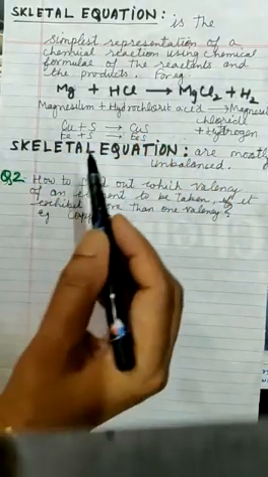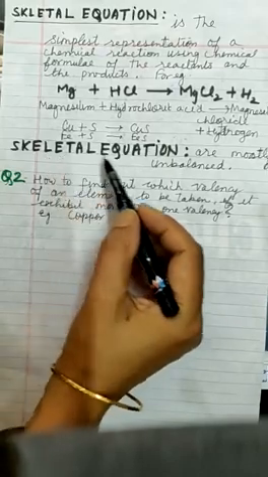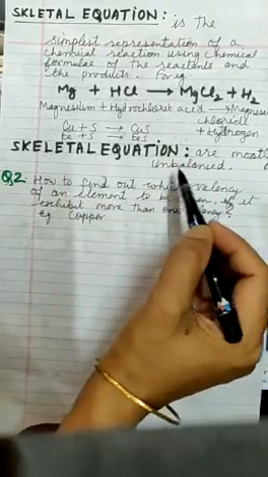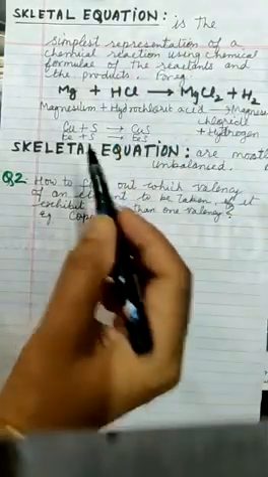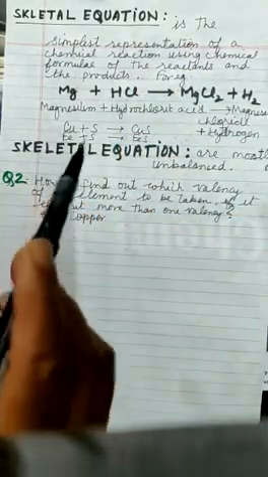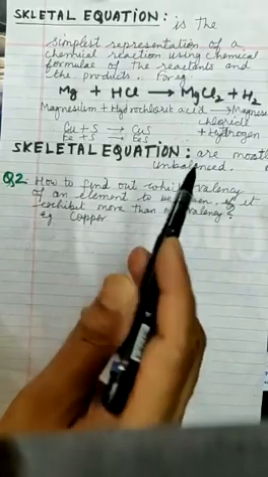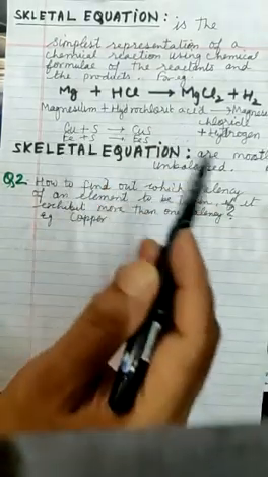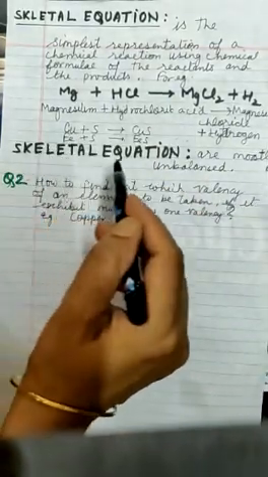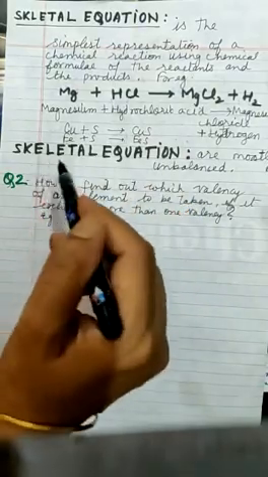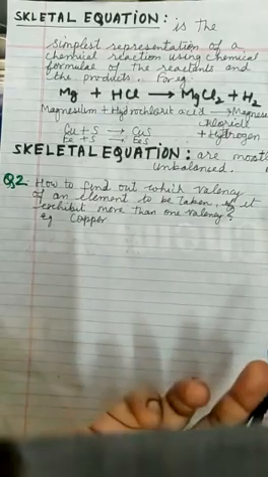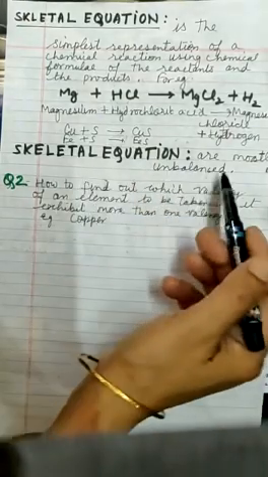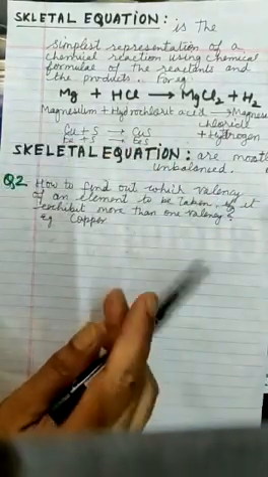Now I hope you understood that skeletal equations are mostly unbalanced is part of the definition, but the difference between skeletal and unbalanced equation is that all unbalanced equations are skeletal equations, but all skeletal equations are not unbalanced. Skeletal equations are mostly unbalanced.